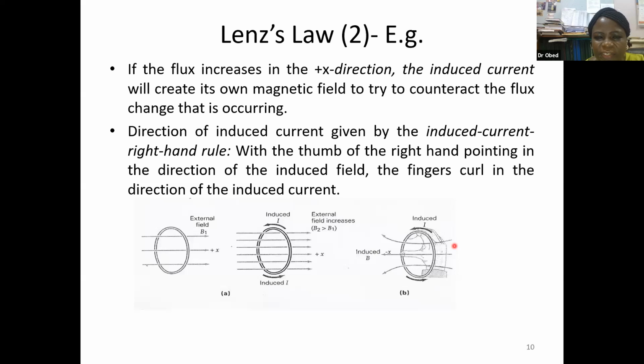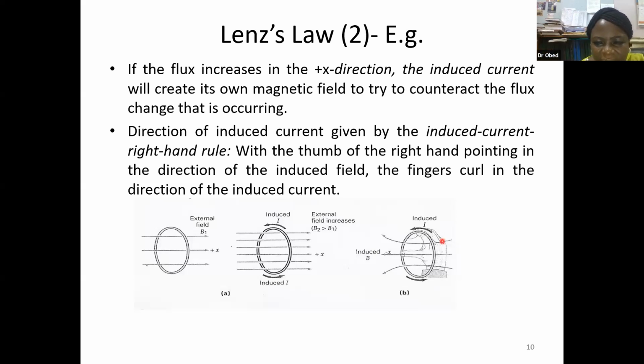It states that with the thumb of the right hand pointing in the direction of the induced field, the fingers coil in the direction of the induced current. So the coiled fingers give the direction.